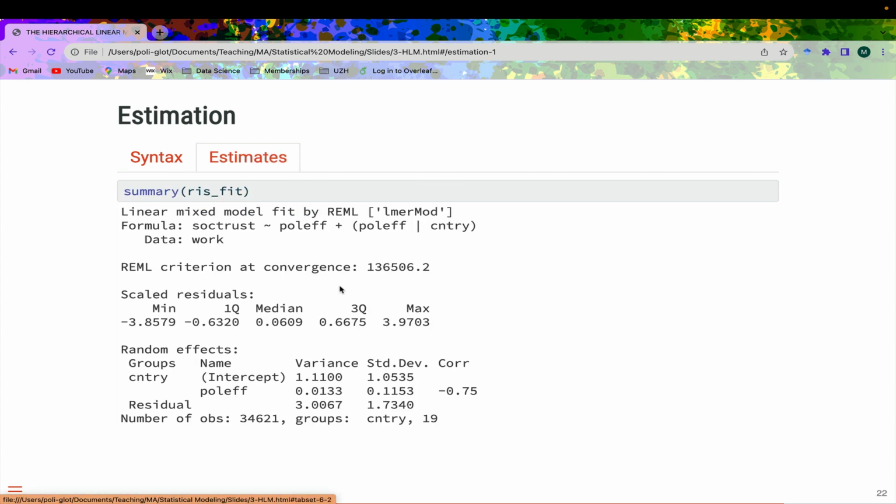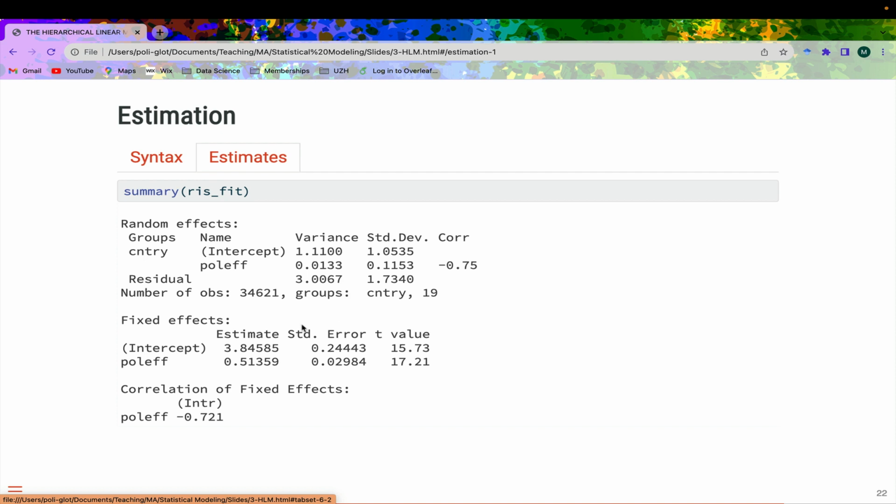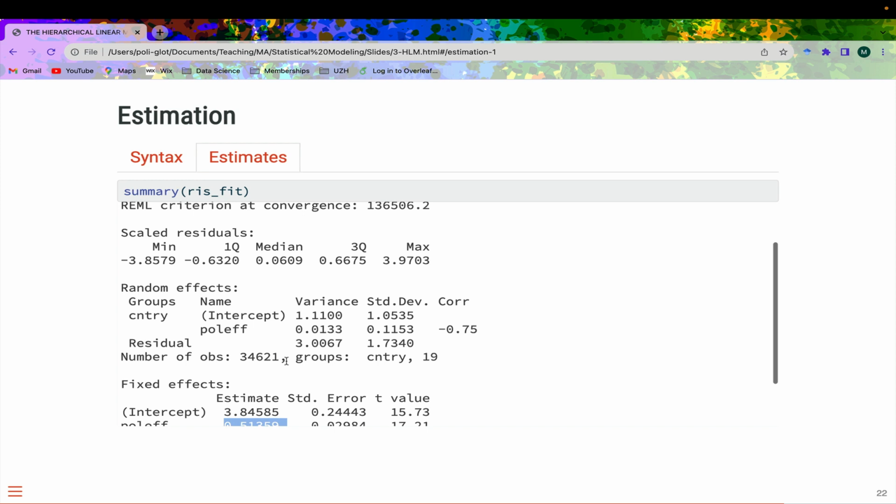So here are the estimates. Here you now see the intercept. This is my gamma 0,0 estimate. Here is my gamma 1,0 estimate. But what I'm particularly interested in is what is happening here. This is the variance in the intercepts. That's sizable. This is the variance in the slopes. That's much smaller.